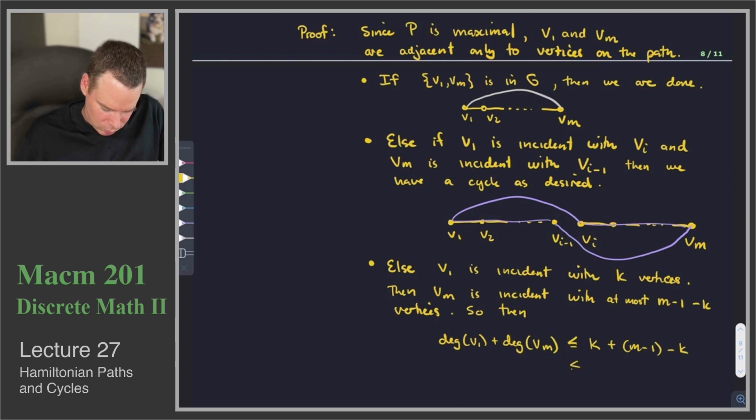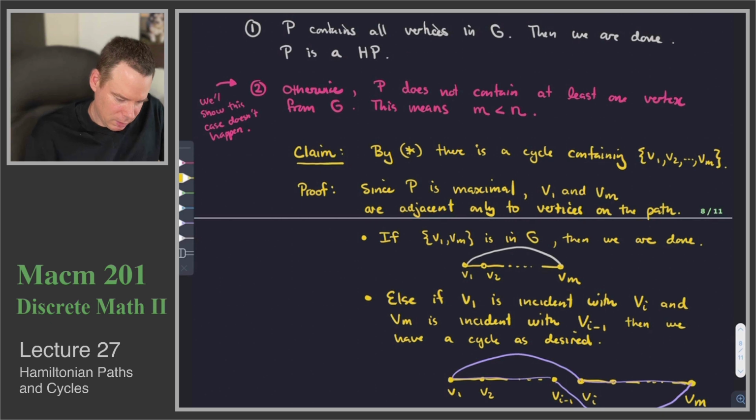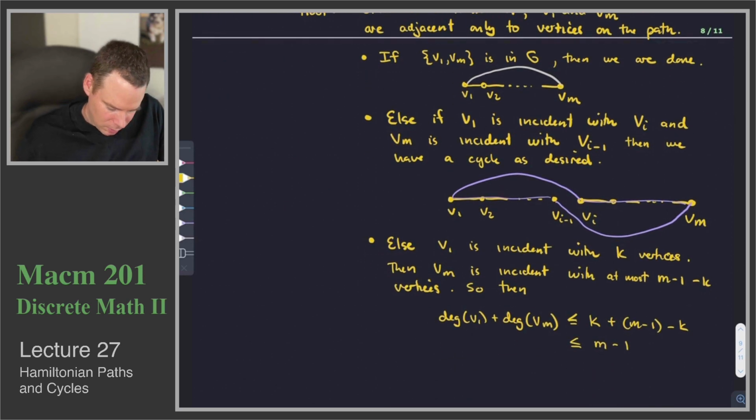And so the sum of the degrees is at most m minus 1. But here, we are assuming that m is less than n. We are assuming the number of vertices on our path was less than the number of vertices in the entire graph. And so this is less than n minus 1. And that is a contradiction to star. So this contradicts star.